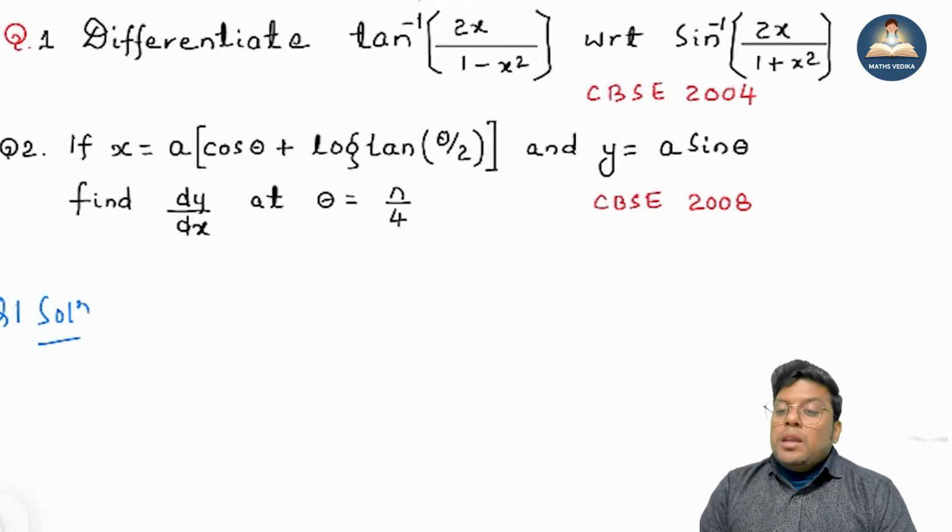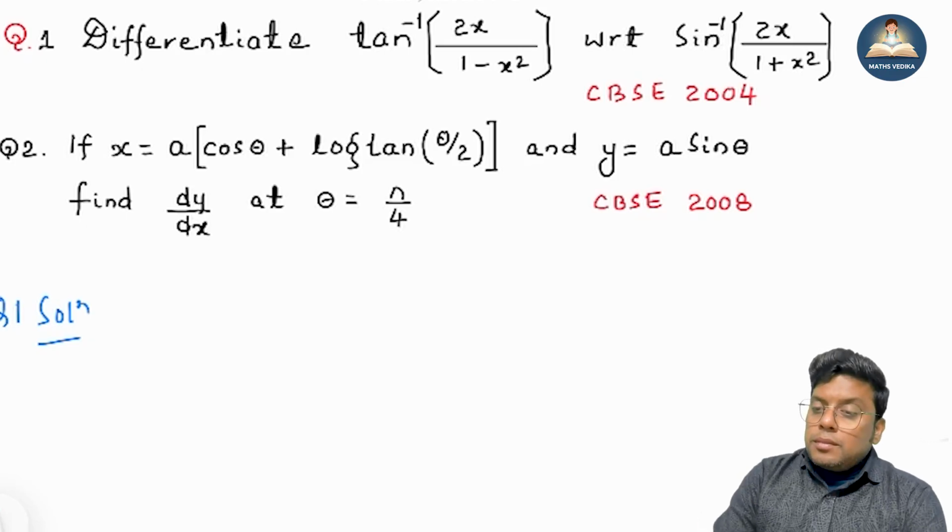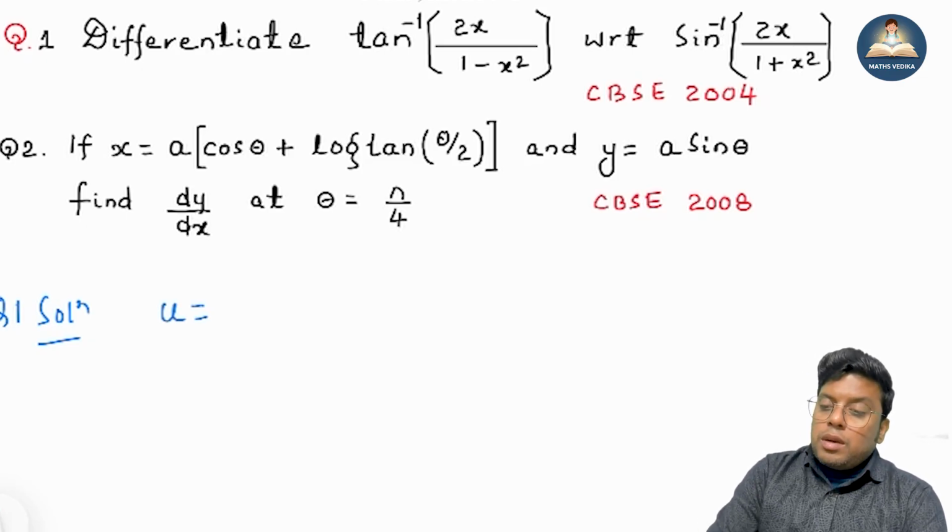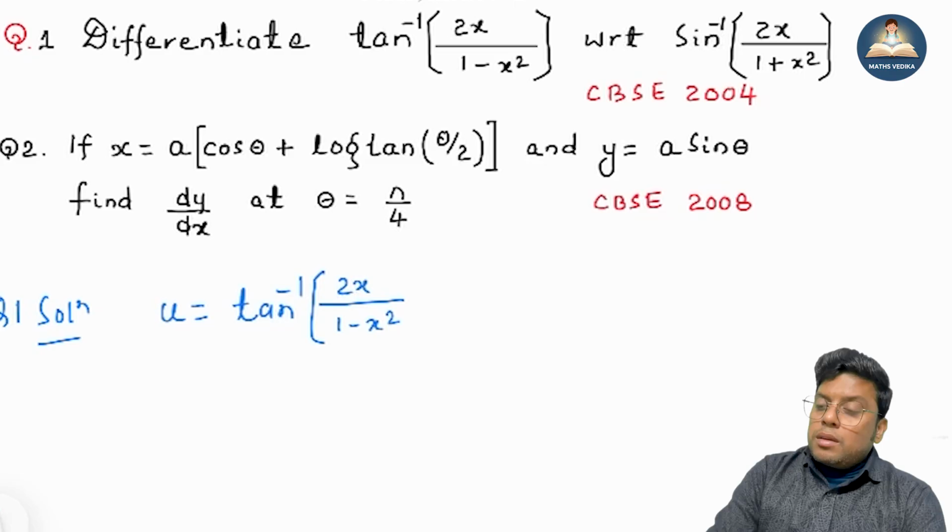differentiation of tan inverse 2x by 1 minus x square with respect to sine inverse 2x by 1 plus x square. Okay, so let's take u is equal to tan inverse 2x by 1 minus x square.